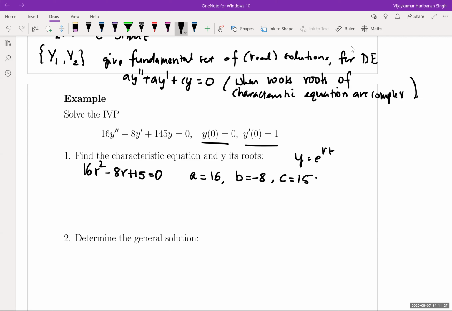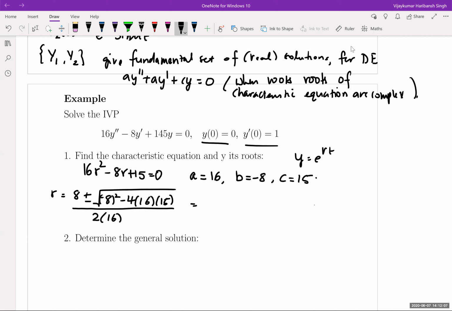So we get r. Before, r is going to be 8 plus or minus the square root of b squared, which is 8 squared minus 4. A is 16 and C is 15, so A is 16 and this is 15, divided by 2 times A, which is 2 times 16.